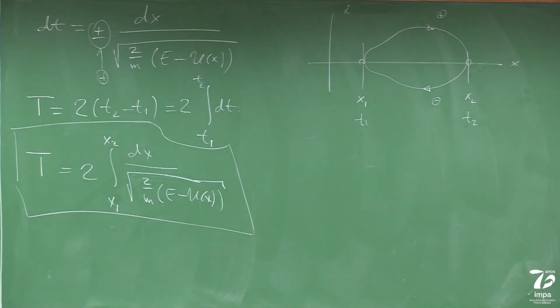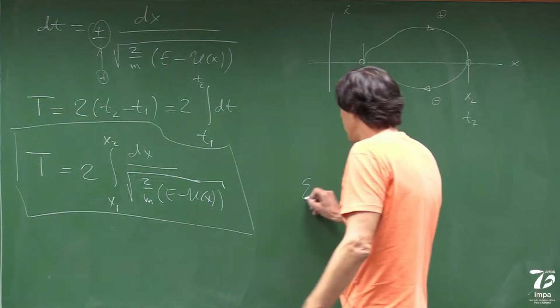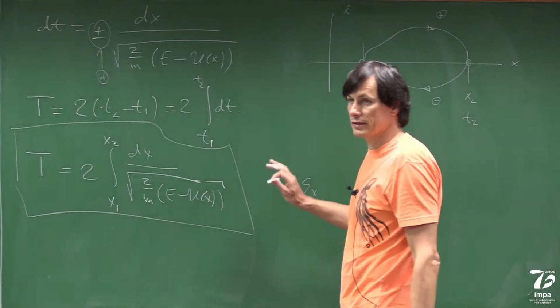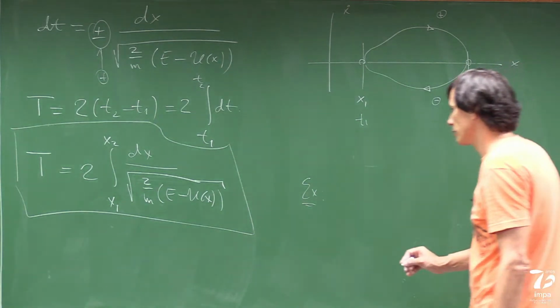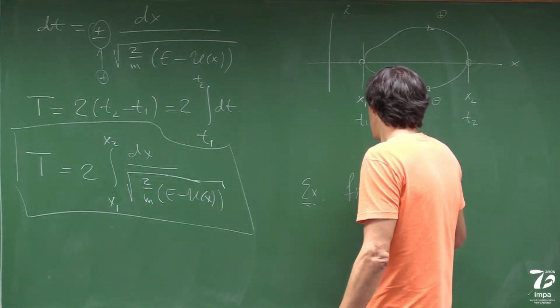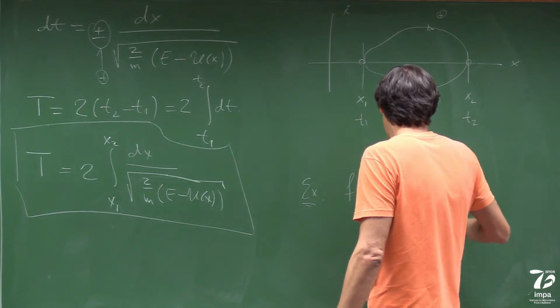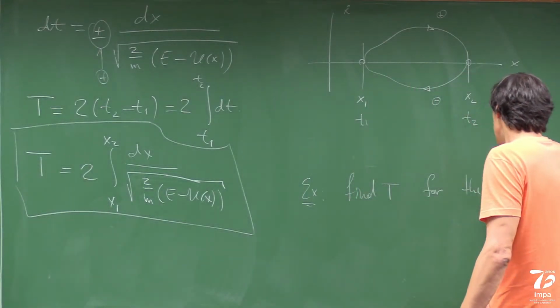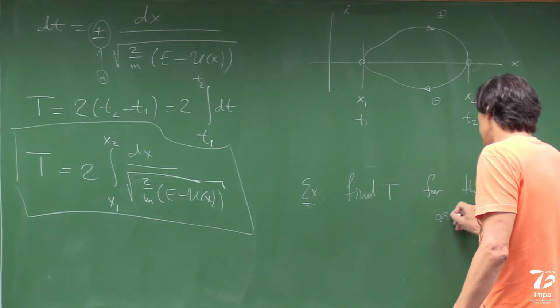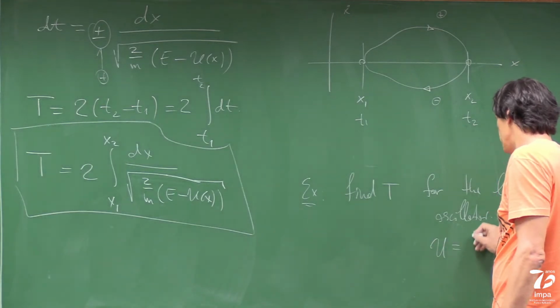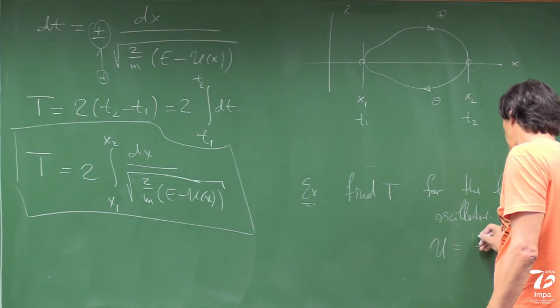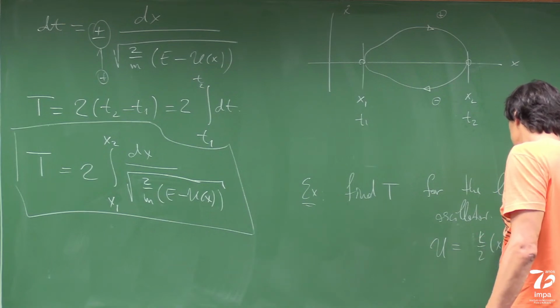And if you like, this can be an exercise for you. That's not the exercise which I put along the lecture, not one to write and send, but it can be interesting. So you can find the period for the linear oscillator, when u, remember, is k over 2 u squared.